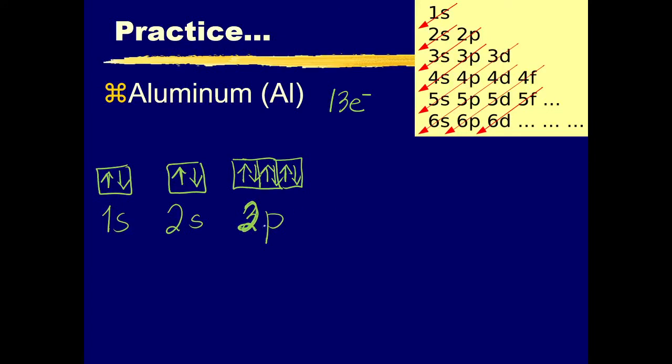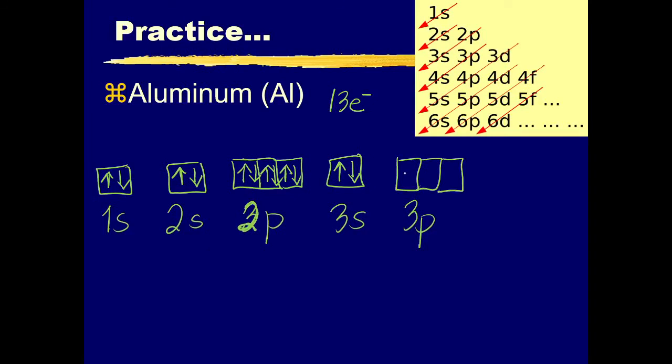Tulo. Unsa may sunod ni 2p? Unsay sunod ni 2p? 3s. So, I have only 1 box. 1, 2. Kulangan pa dag-usa ka electron, right? Unsay sunod ni 3s? 3p. There you go. 1, 2, 3.